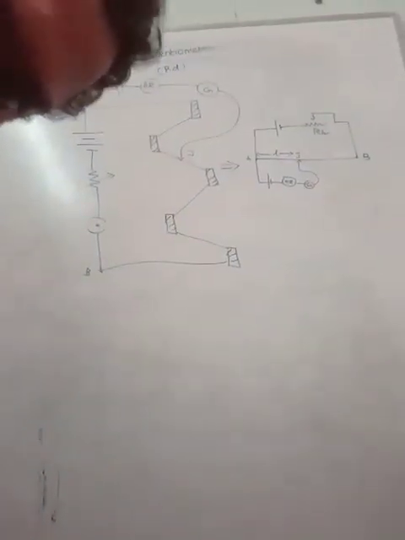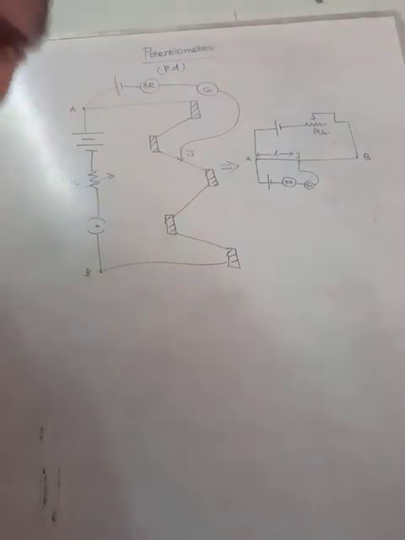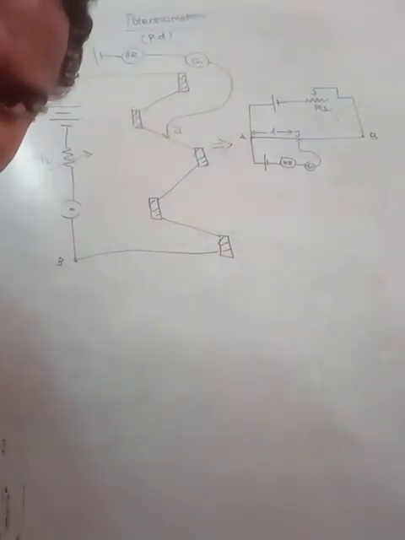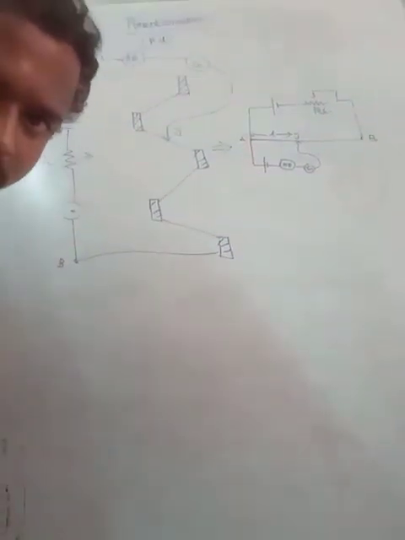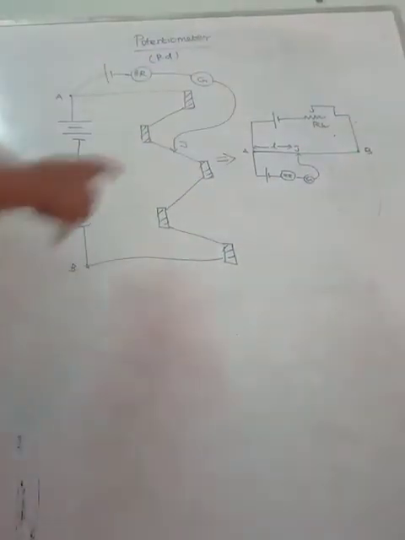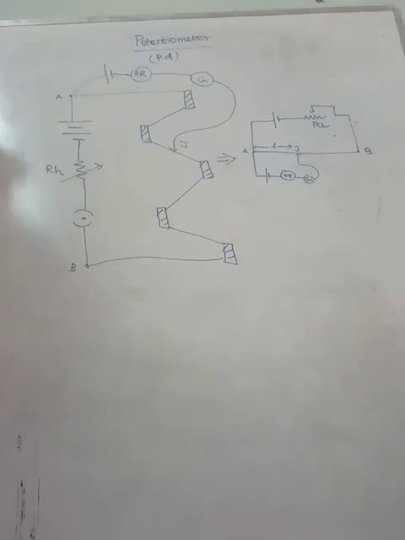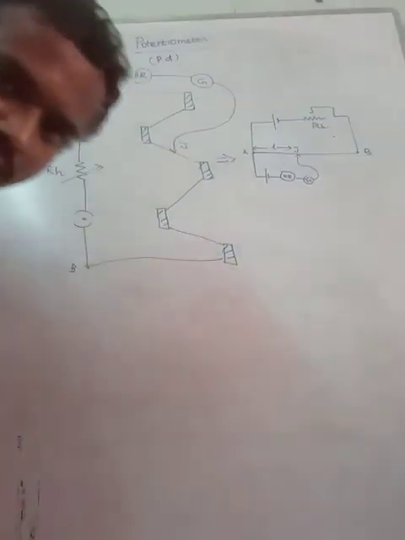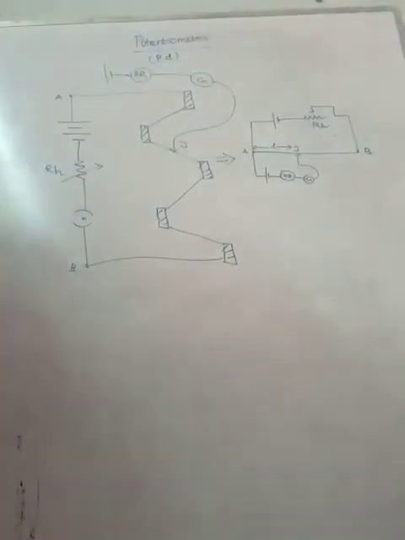Okay, that is the main difference between the meter bridge and the potentiometer, so this is the equivalent diagram for the given setup. Now let us move on to the construction.